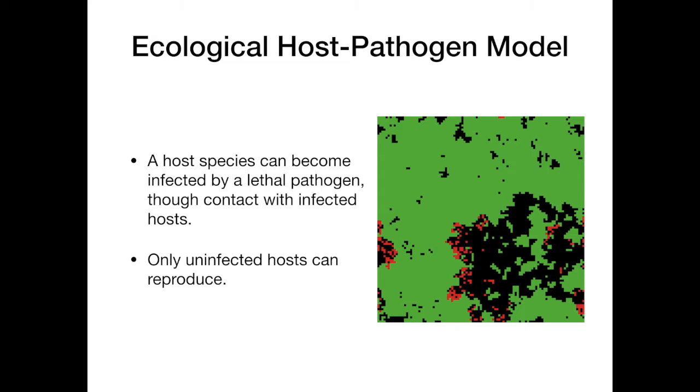If there are no nearby hosts, the pathogen cannot spread. And hosts can reproduce when they're healthy, but not when they're infected. One of the things that's interesting is we're going to use the patches themselves in NetLogo as the agents. We're not even going to use turtles.